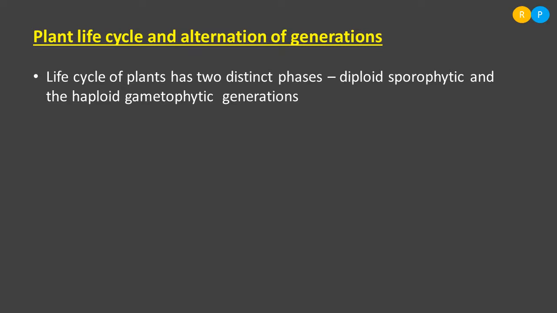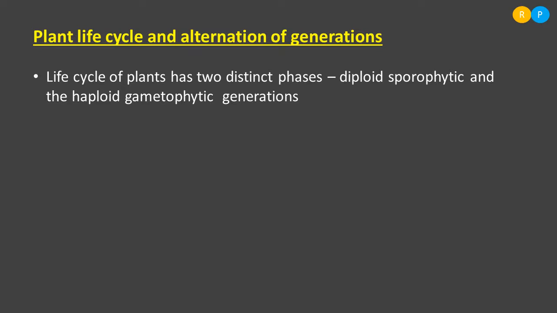Clear? Because of the haploid number of chromosomes, it is called the haploid gametophytic phase. Understood? So in each plant we can see a diploid sporophytic phase and a haploid gametophytic phase.